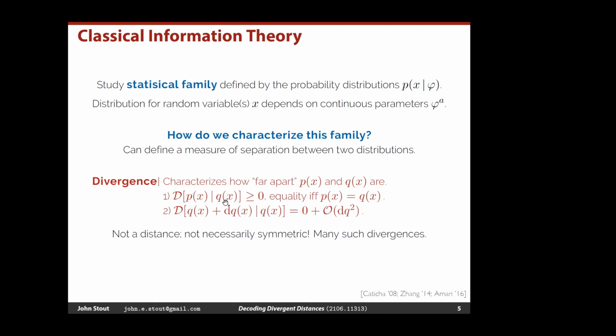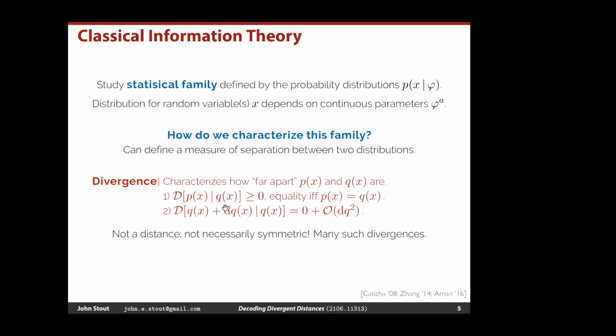And it's always bounded from below. It's only zero if the two probability distributions are exactly equal to one another. And it's also defined so that its first variation is zero. Okay, so this will be necessary in order for its Hessian to be positive definite.